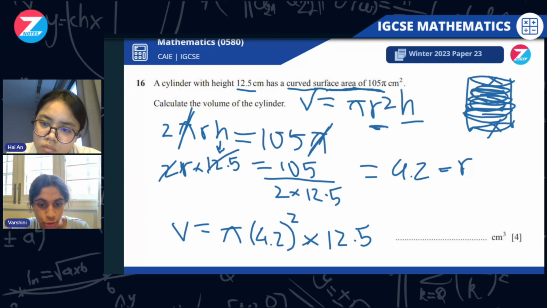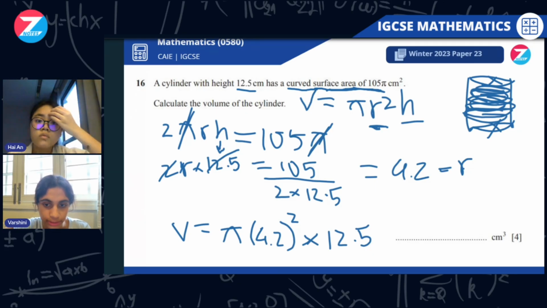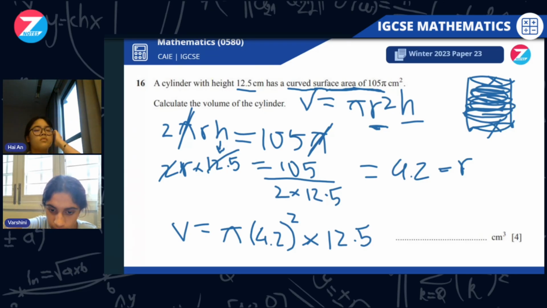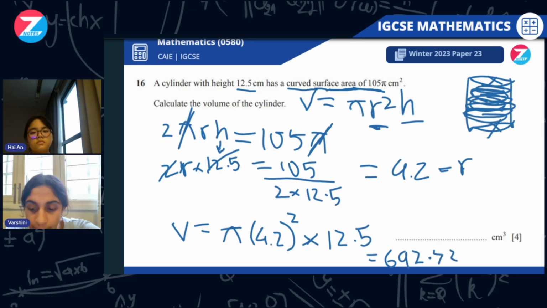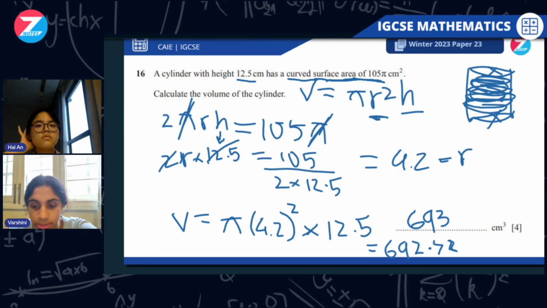You should get your volume as 692.72. But remember, we need to write this to 3 significant figures. So the 2 is going to round up, and that's going to be 693 centimeters cubed.